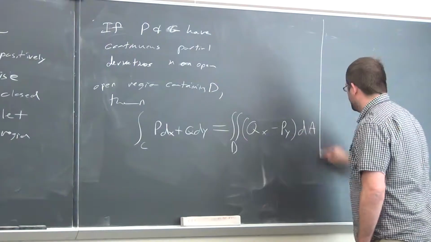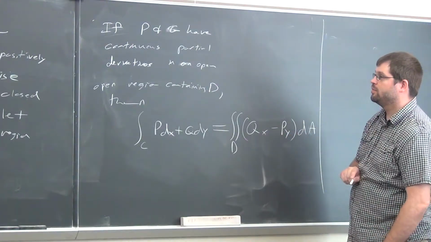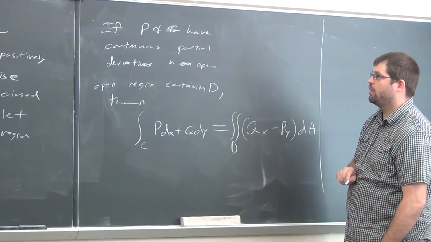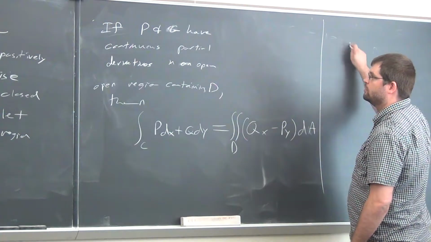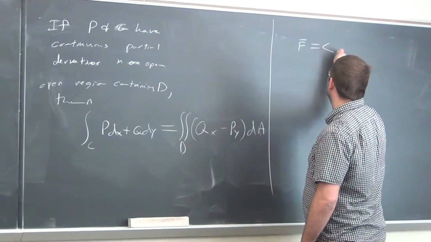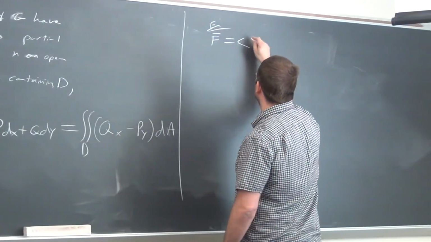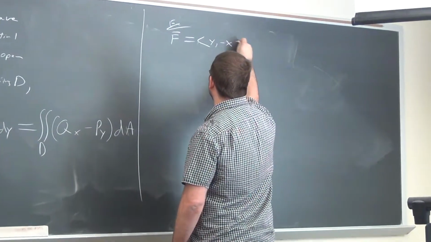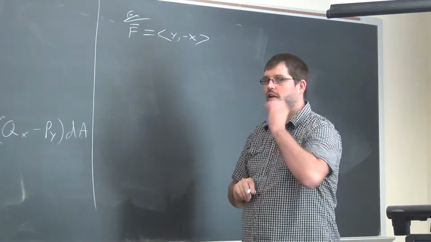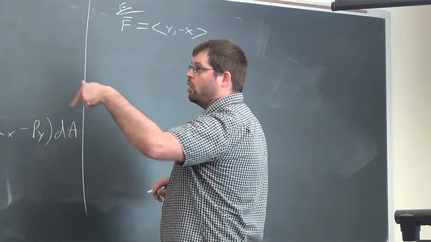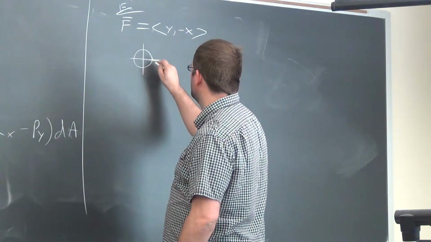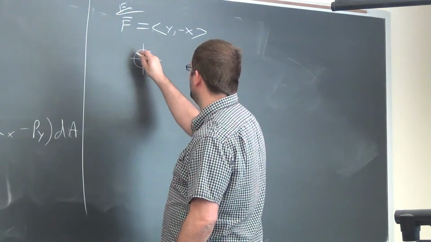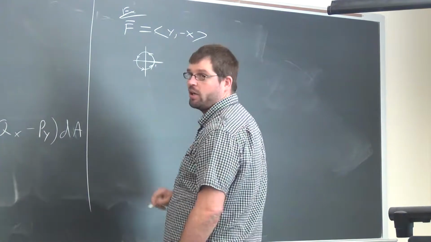Let's look at this example that we had then. It was F equals y, negative x, is that what it was last time? Yeah. And then we're over the unit circle, and we were going with positive orientation, heading this way.